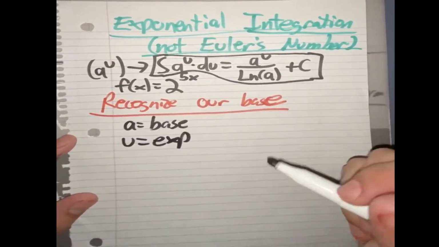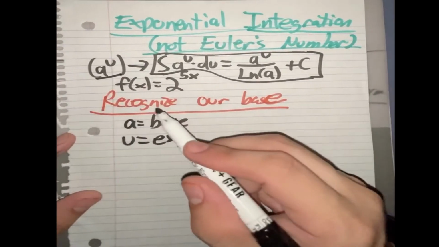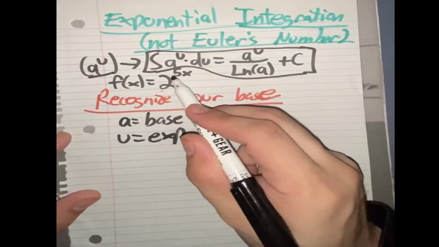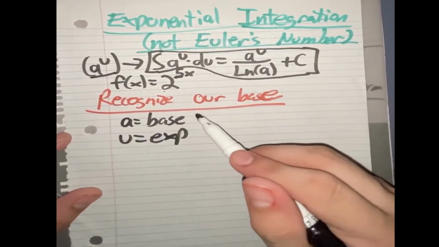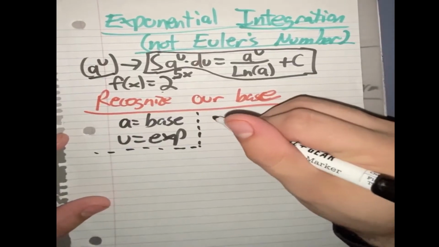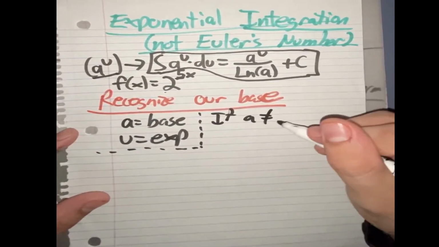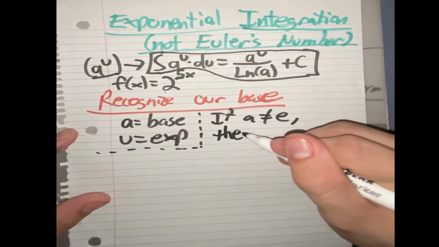Where am I getting this from? A raised to the U is the way our function is given to us, as 2 raised to the 5x. But our base does not equal E, so if your A does not equal Euler's number, then apply this method.